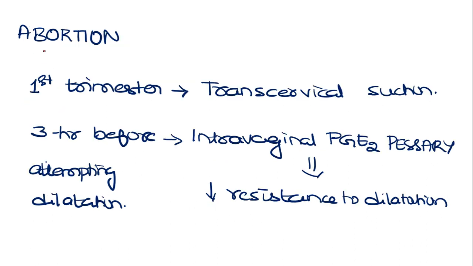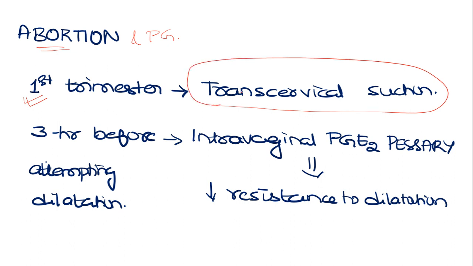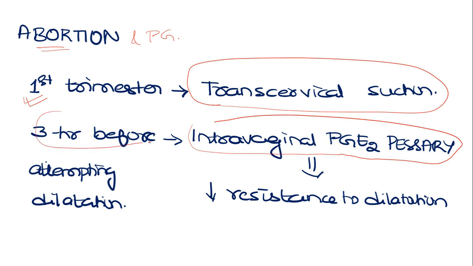So coming to the first use, that is abortion and prostaglandins. As you know, in case of first trimester abortion, the preferred treatment is cervical dilatation. While doing that, you can administer intravaginal prostaglandin E2 pessary 3 hours before attempting the dilatation. Why give it 3 hours before?